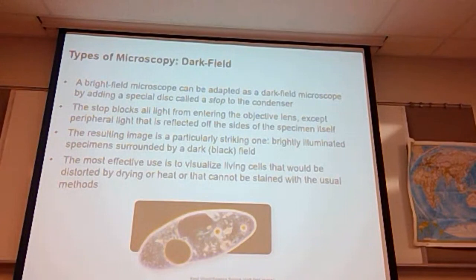The resulting image is particularly striking. Brightly illuminated specimens will be surrounded by a black field. So here's my bacteria on a dark field microscope. This is an effective way to visualize living cells.